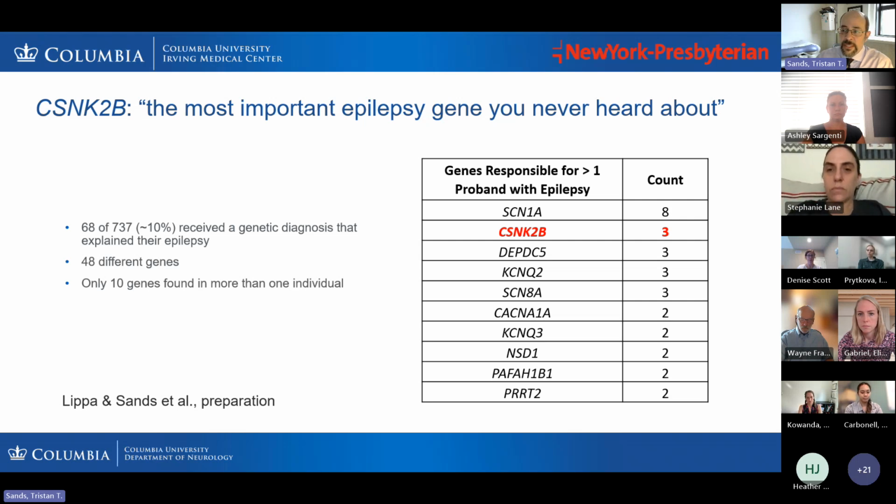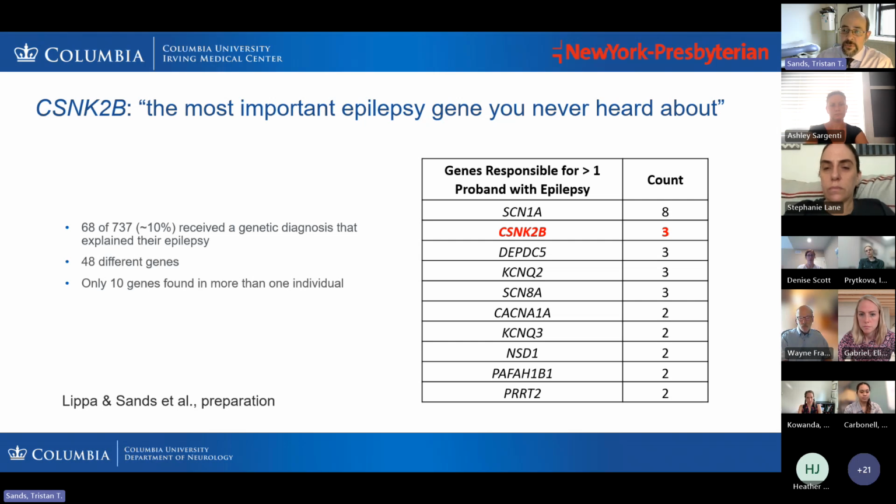SCN1A is the cause of Dravet syndrome, which is probably one of the most common, severe epilepsies in the pediatric population. DEPDC5 is a major cause of focal epilepsy that leads to something called focal cortical dysplasias, which are the most common structural cause of epilepsy in kids.